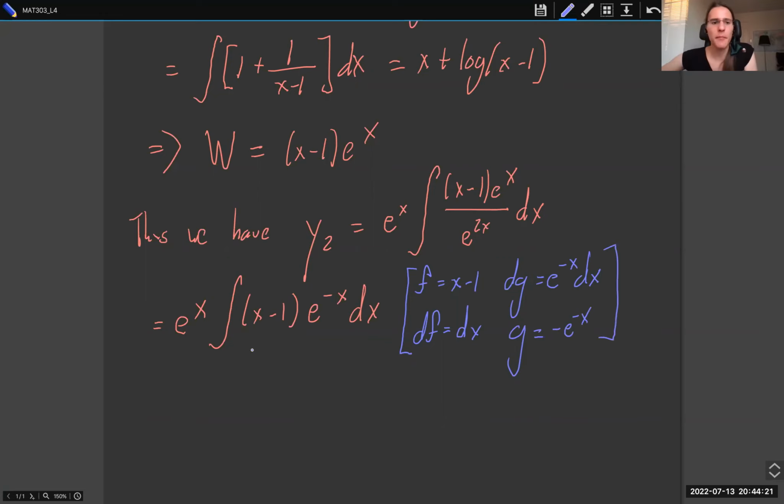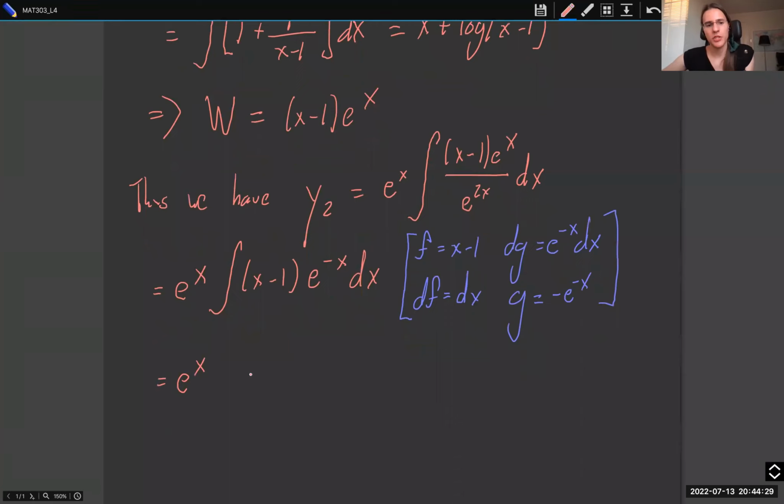Exactly. Okay, so remember that we have this e to the x floating out front. We should be careful not to forget that. So we have e to the x. Then we do the cross term, which is negative e to the x times x minus 1 times e to the negative x, and then that minus sign is out front. Then we do minus this cross term, except there is already a minus here, so it's going to be plus.